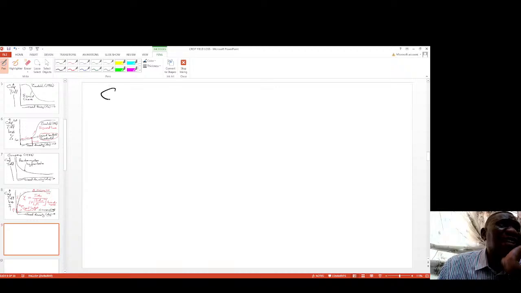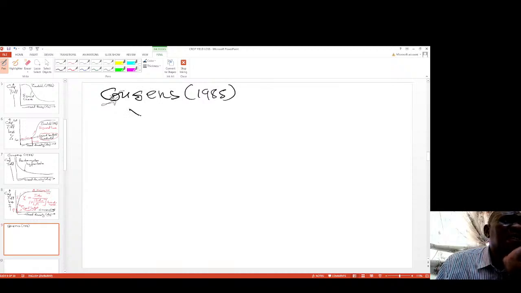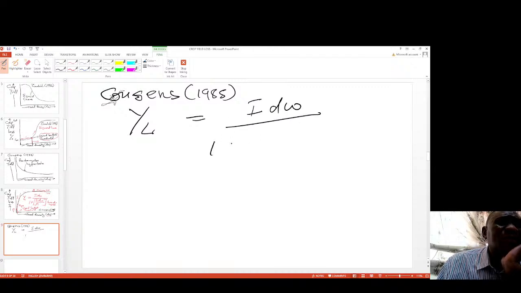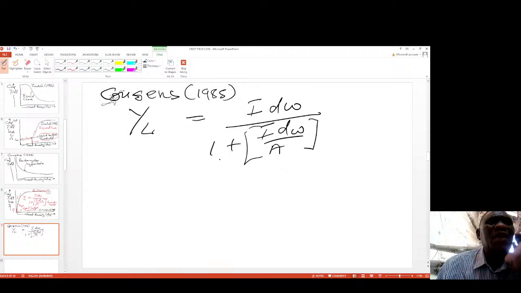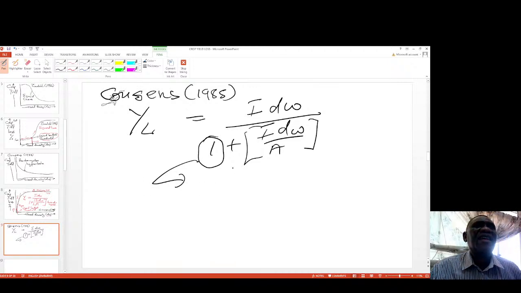So, according to Cousins (1985), he defined yield loss as slope from the graph over 1 plus, in brackets, IDW over A. But this part here is affected by weed seedling emergence.